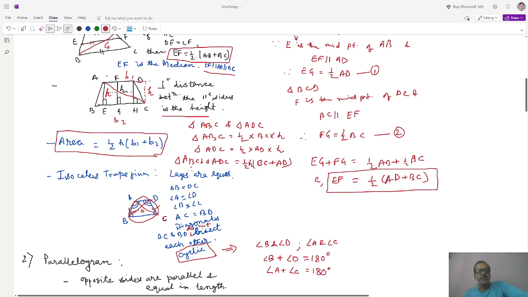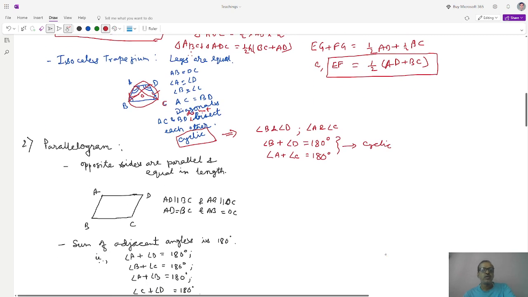In this case, since angle B plus angle D equals 180 degrees as well as angle A plus angle C equals 180 degrees, this quadrilateral, the isosceles trapezium, is cyclic. Okay.